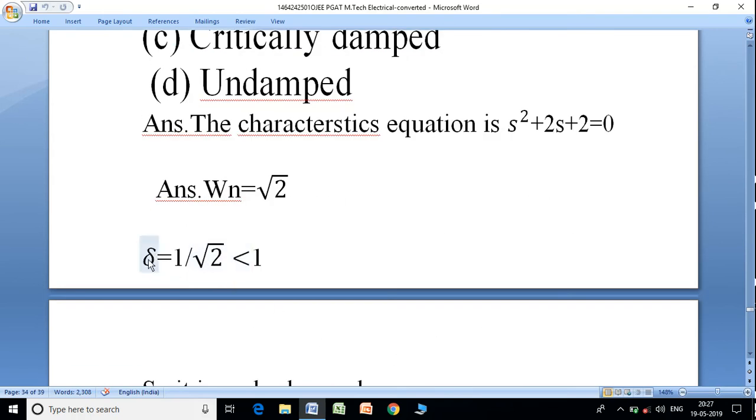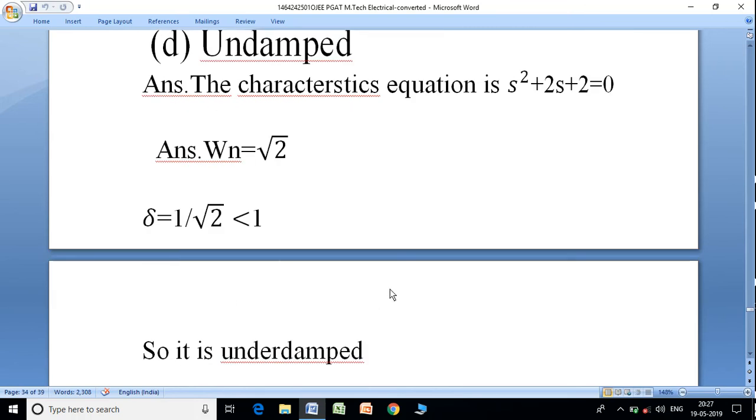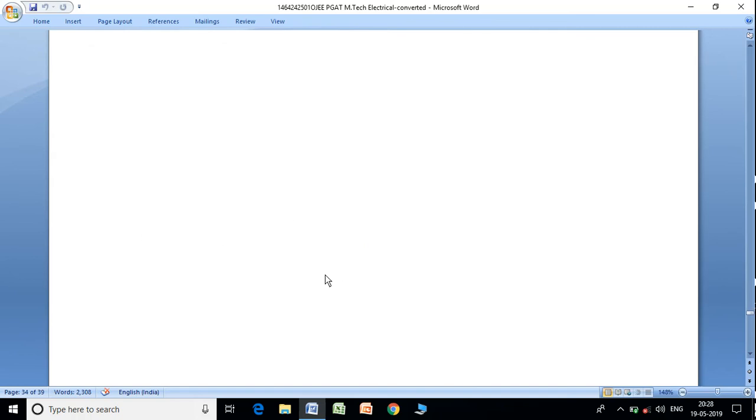As we can find out, the damping ratio is 1 by root 2, which is less than 1. Therefore, it is underdamped. When delta is equal to 1, that is critically damped. When it is greater than 1, that is overdamped. Therefore, as it is less than 1, it is called underdamped.